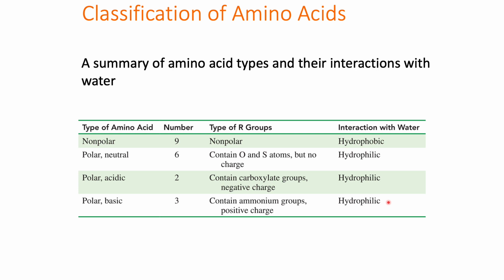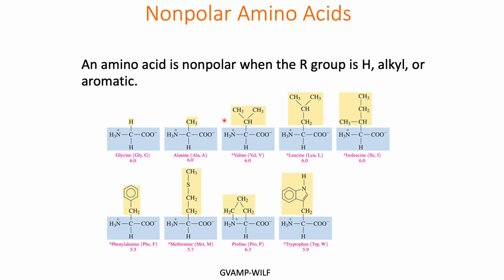So let's look at what these amino acids are. So the non-polar amino acids are hydrophobic, like we just saw, and they usually have a hydrogen alkyl or aromatic side chains, and there are 9 non-polar amino acids: glycine, alanine, valine, leucine, isoleucine, phenylalanine, methionine, proline, and tryptophan.